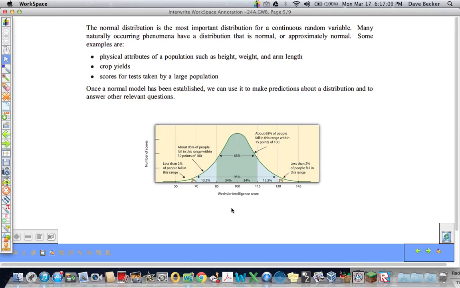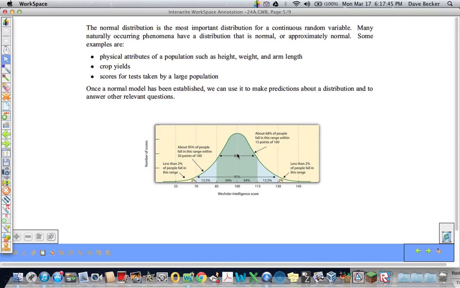Here's a graph on the Wechsler Intelligence Score where the mean is 100 and most of the population scores right around the mean. And in fact, for a normally distributed function, approximately 68% of the population will score within one standard deviation of the mean, okay? Here, our standard deviation is 15, so some will score within 15 points above and 15 points below the mean.